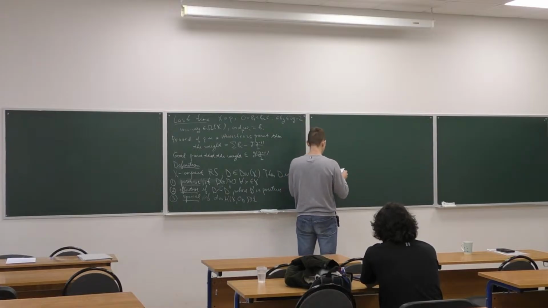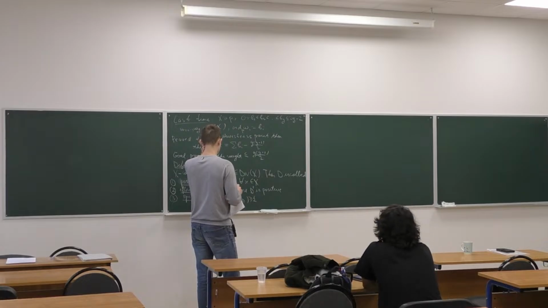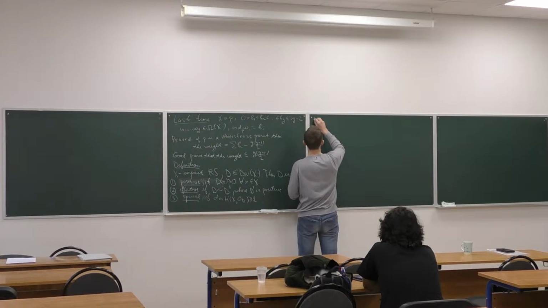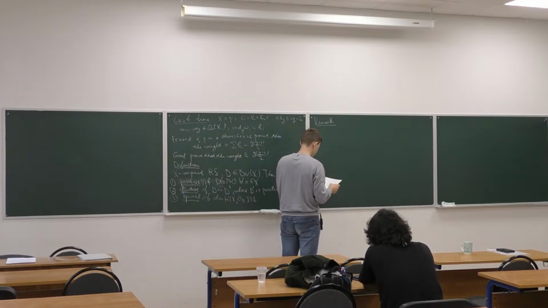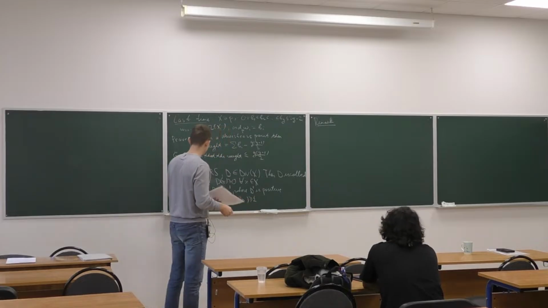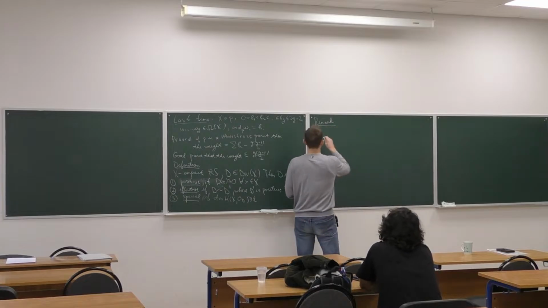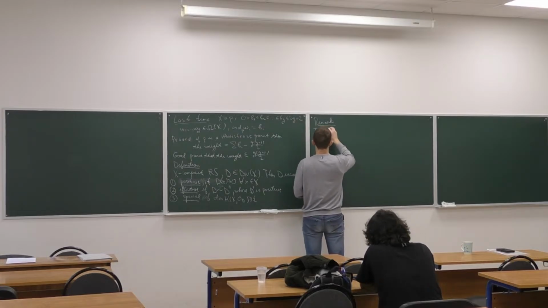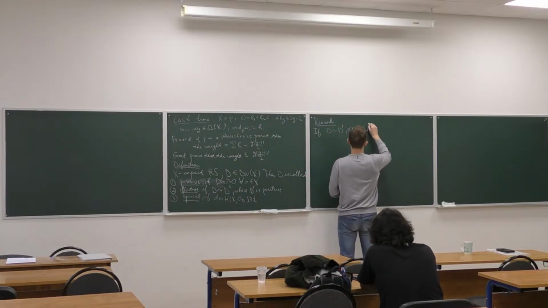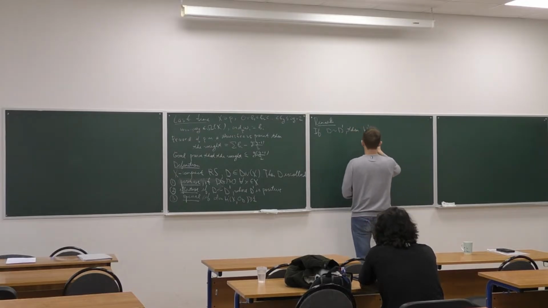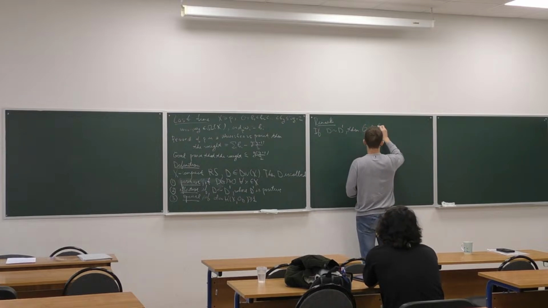Then just a remark to confirm that everybody remembers it: if two divisors D and D prime are equivalent, then O_D is isomorphic to O_D prime.